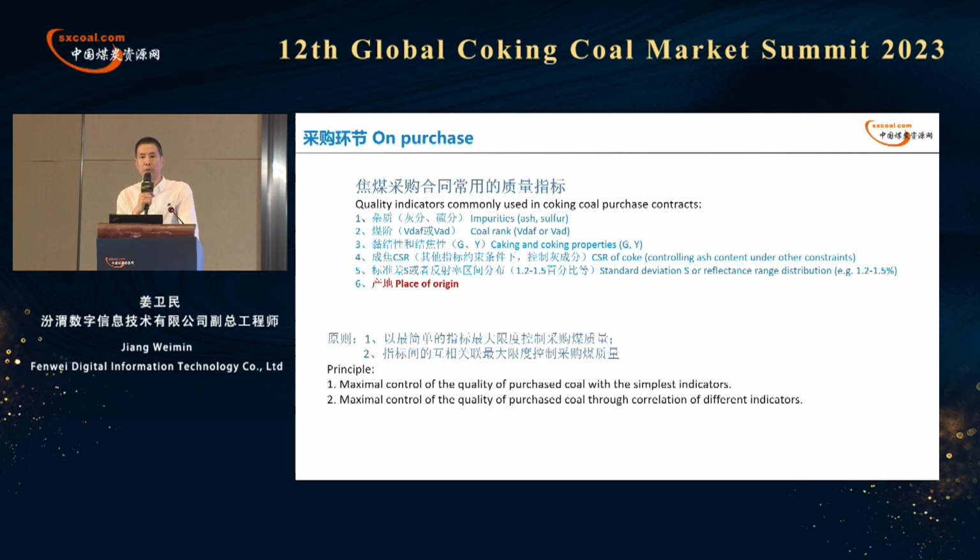Here are the indicators. They seem simple, but they are logically connected. First, impurities, and second is the coal rank, which is VDAF, the most important indicator to judge the type of coal. And also, we are looking at the caking and coking properties, which is G and Y.